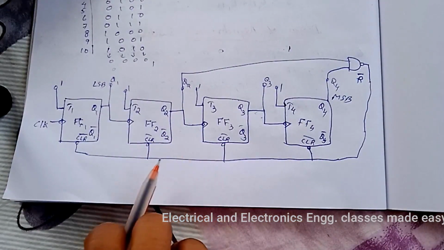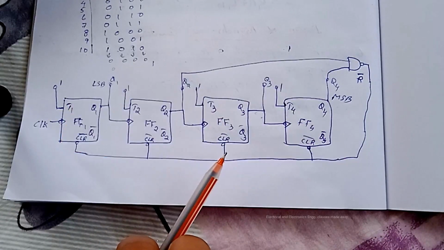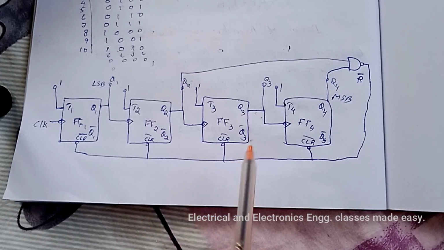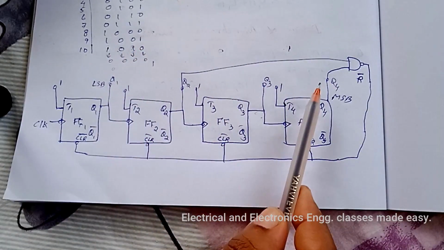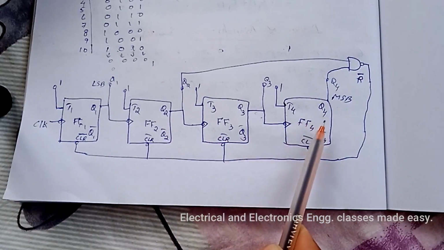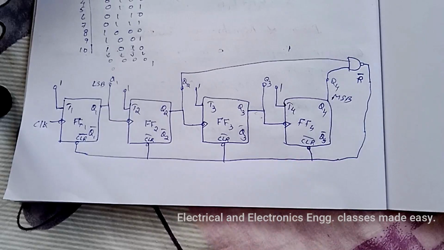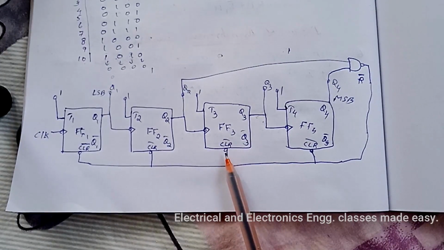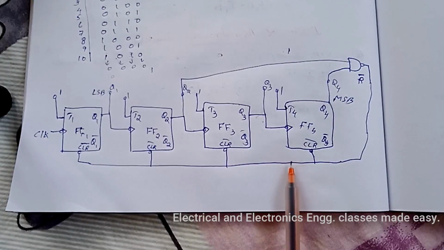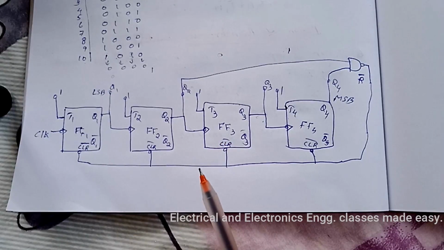So in this way we are counting in this Mod 10 asynchronous counter. That is, when the 10th clock pulse is applied, we have to clear all the flip-flops. For that we use this clear input. And this clear input is also called asynchronous input, and it is used to reset the flip-flops.